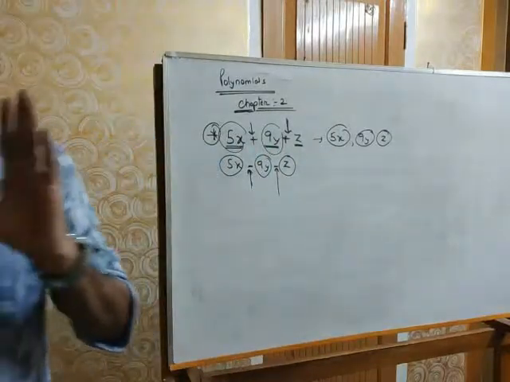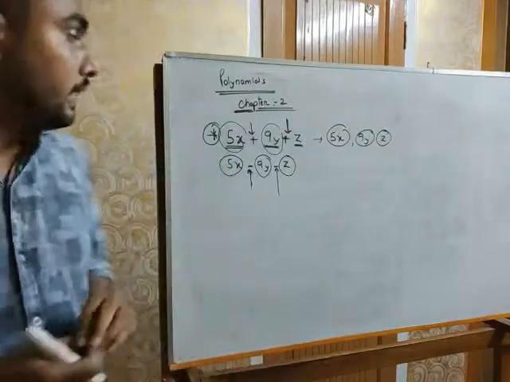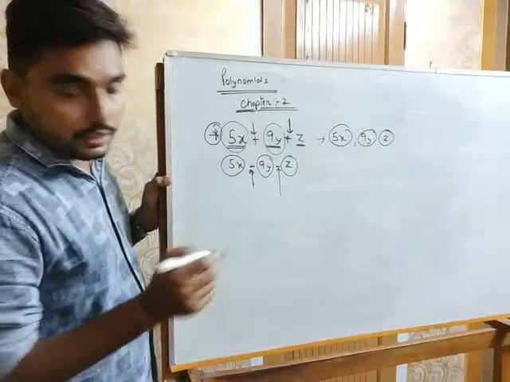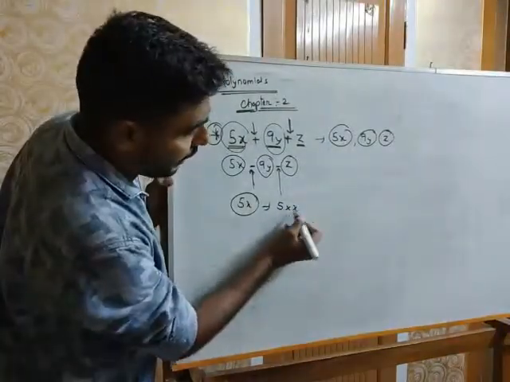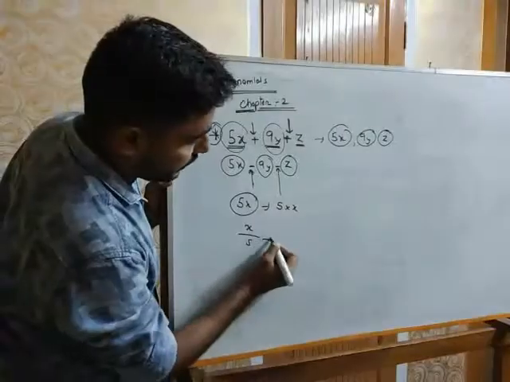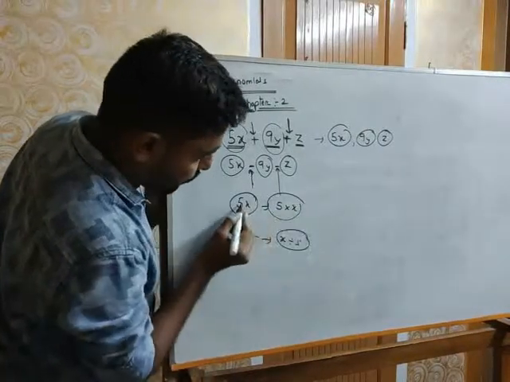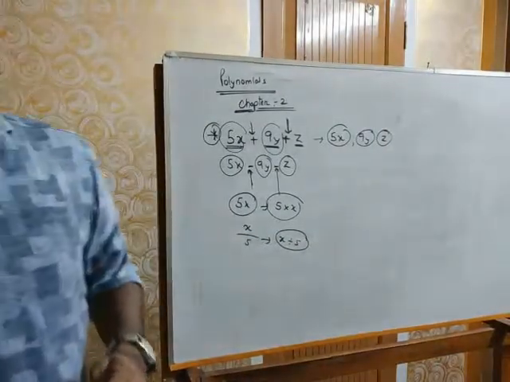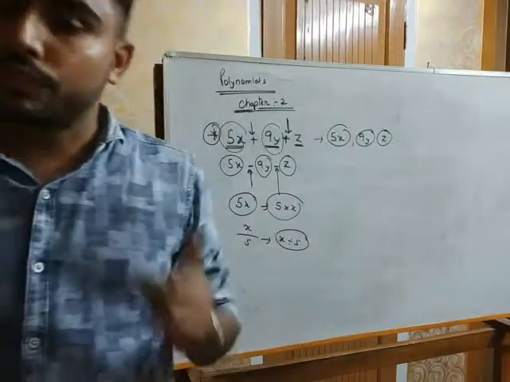You cannot think of the multiplication sign or the division sign as separating terms. Between 5 and x there is no sign, which means both are getting multiplied. In x by 5, you can see x is divided by 5. So whenever a variable and a constant are multiplied or divided, they represent the same single term.